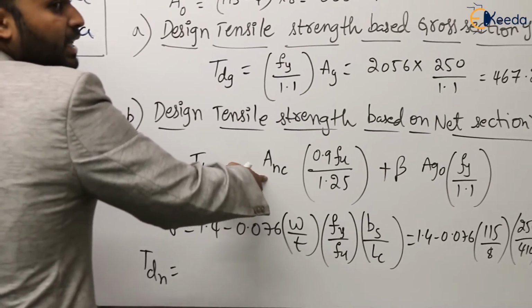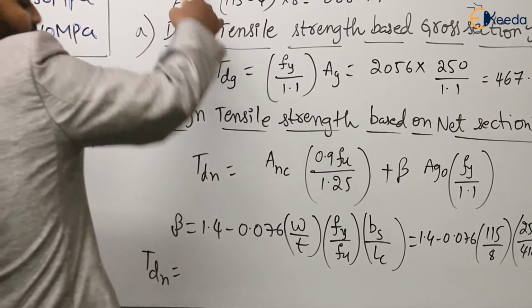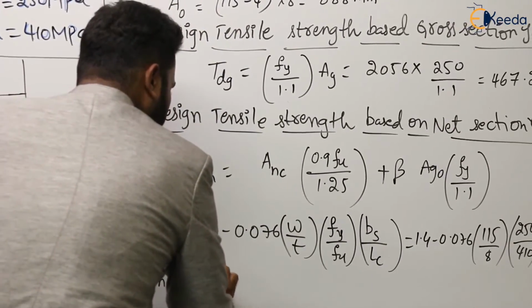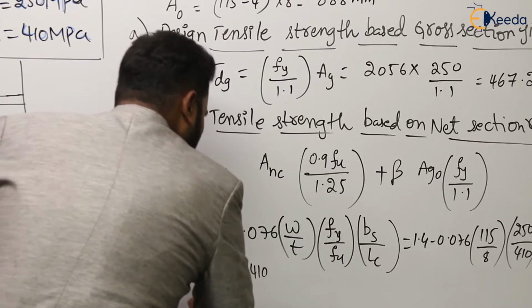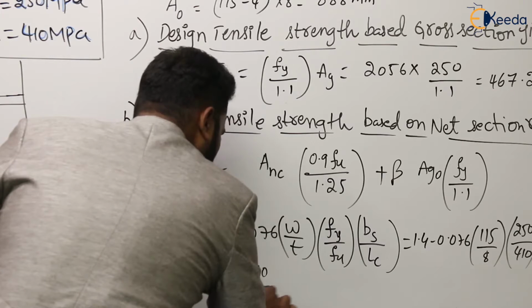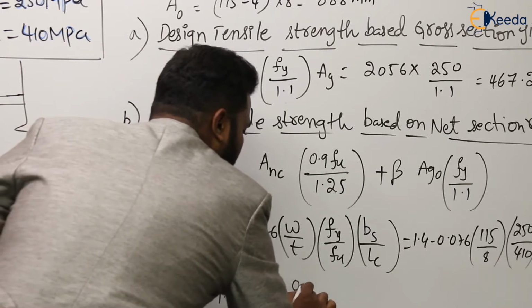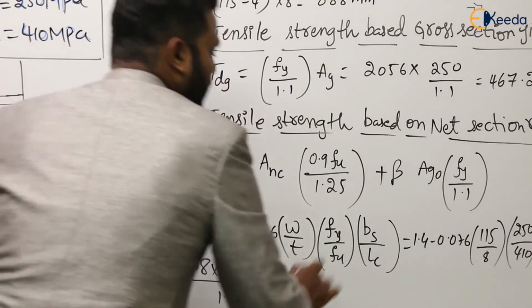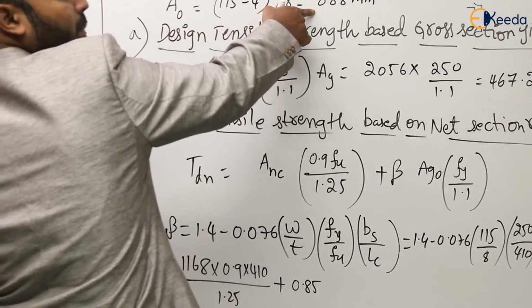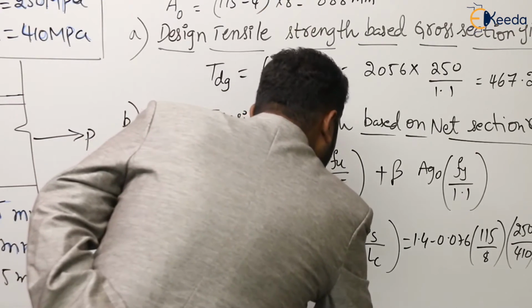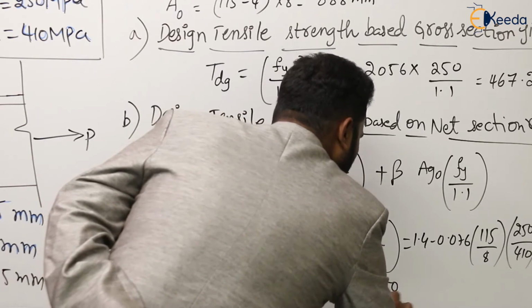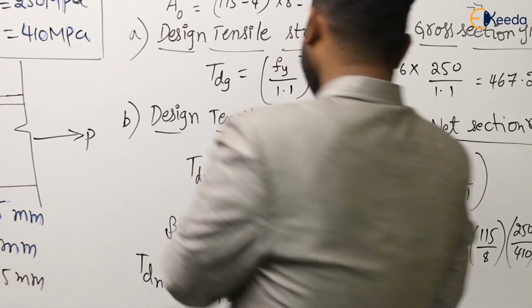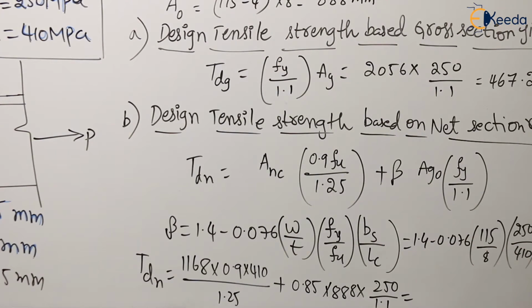ANC here is the same. So how much is it? 1168 into 0.9 into 410 by 1.25 plus 0.85. Okay, Ag naught is the same, 888, into 250 by 1.1. How much is it? Calculate fast.